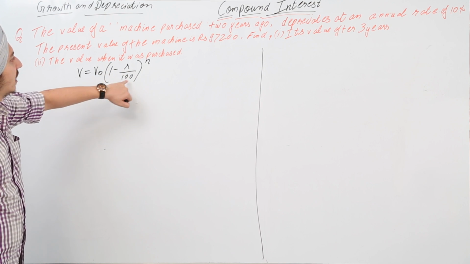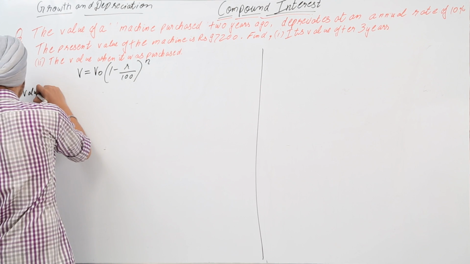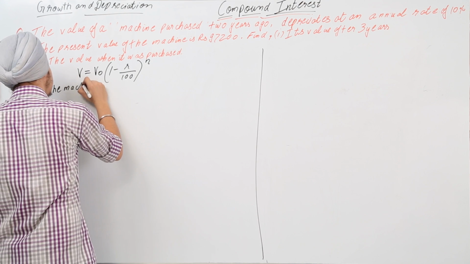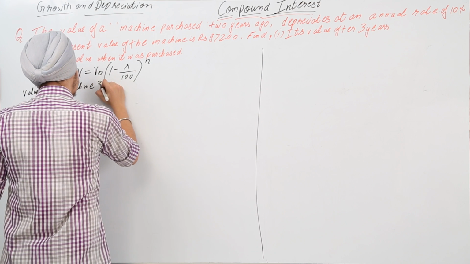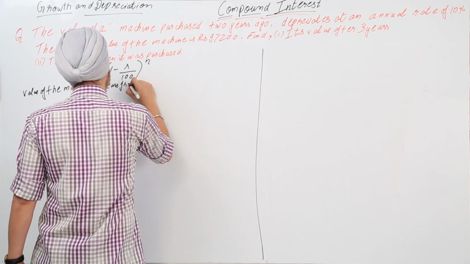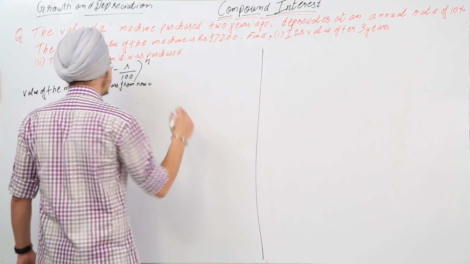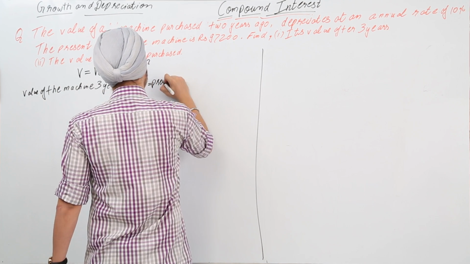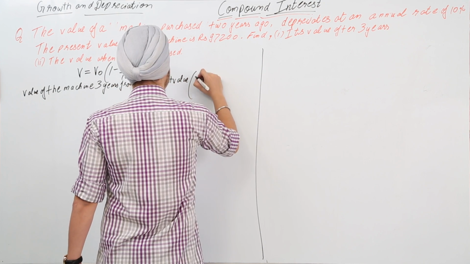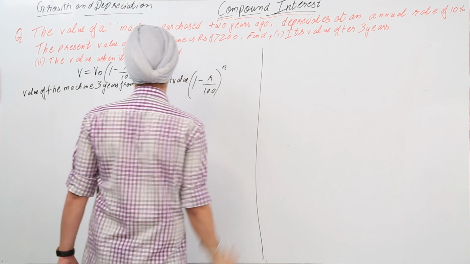So we have the value of the machine 3 years from now is equal to the present value into 1 minus R by 100 raised to power n.